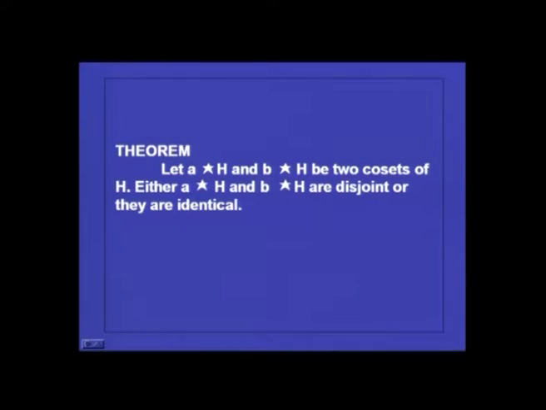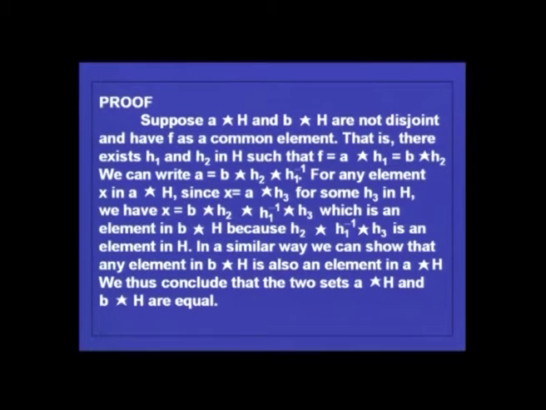How do you go about proving this? Suppose a star H and b star H are not disjoint. Okay, they have a common element f. In this case, you show that a star H and b star H are identical. That is, a star H contains an element f, and f also is in b star H. Therefore, there exist h1 and h2 in H such that f is equal to a star h1 equal to b star h2.